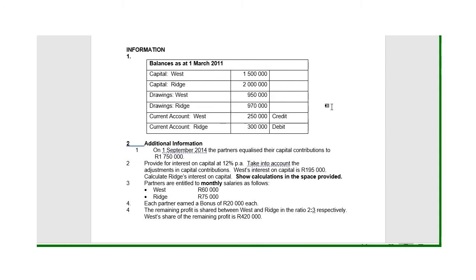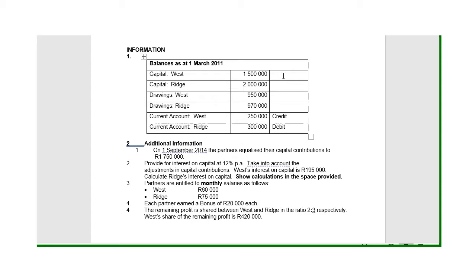So firstly, as with every general ledger account, we must put in the opening balances. Capital increases on the credit side, similar to a liability, so their balances will be on the credit side.